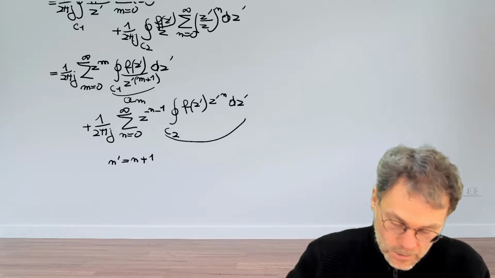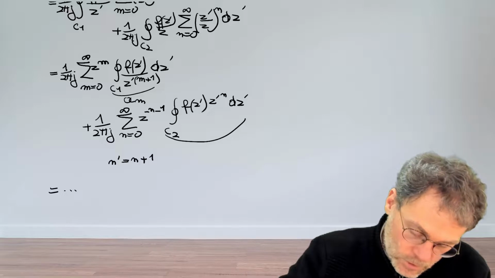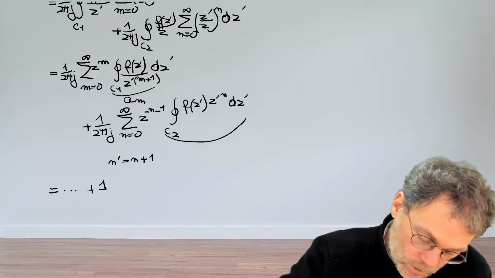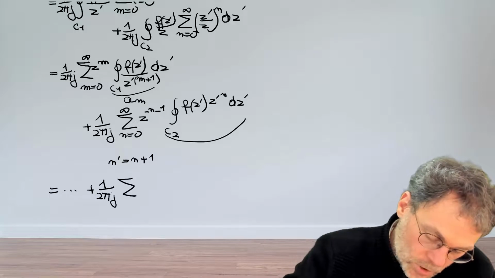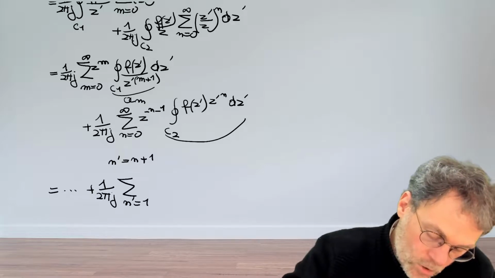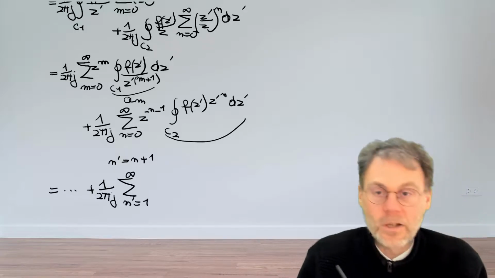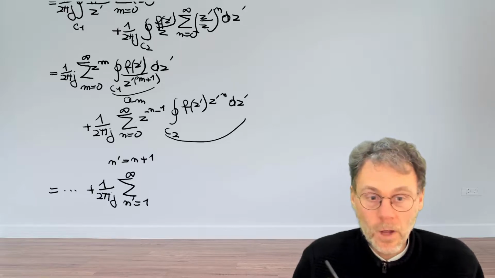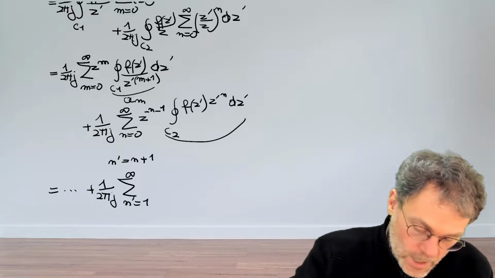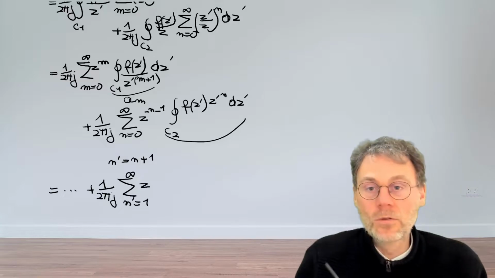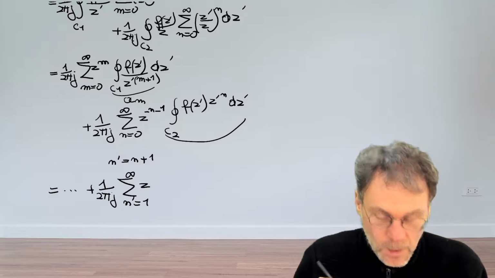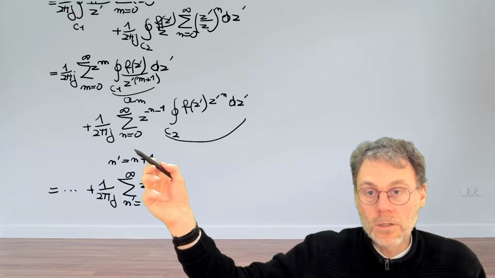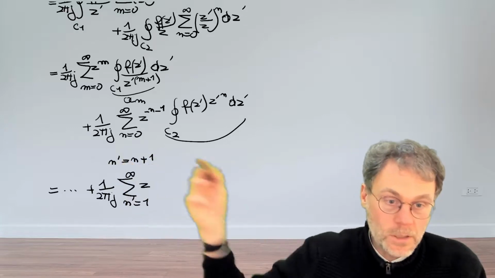Now if I don't copy the first term again, but just focus on the second term, we have 1 over 2 pi j, and then the sum of n prime going from 1 to infinity. Previously we had z to the power of minus n minus 1, and minus n minus 1 basically just means minus n prime.